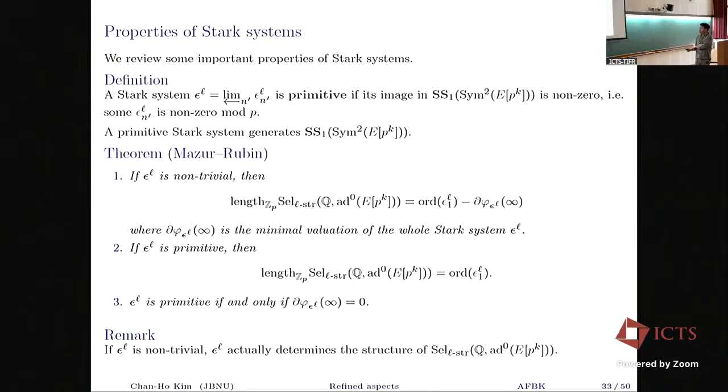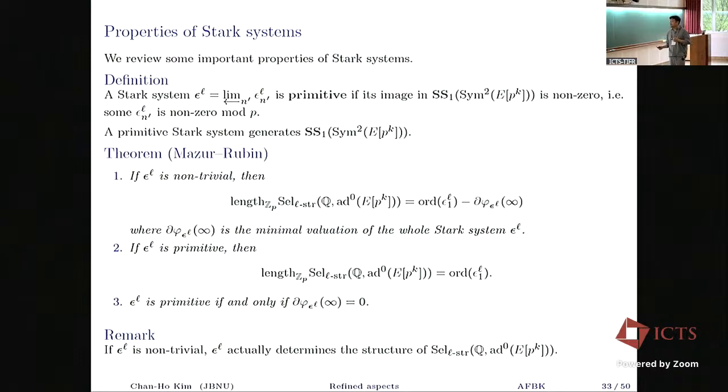This weird notation is basically the minimum valuation of the whole Stark system. If it is primitive, then, because the Selmer structure was the L-relaxed one, this Stark system will bound the L-strict Selmer groups.